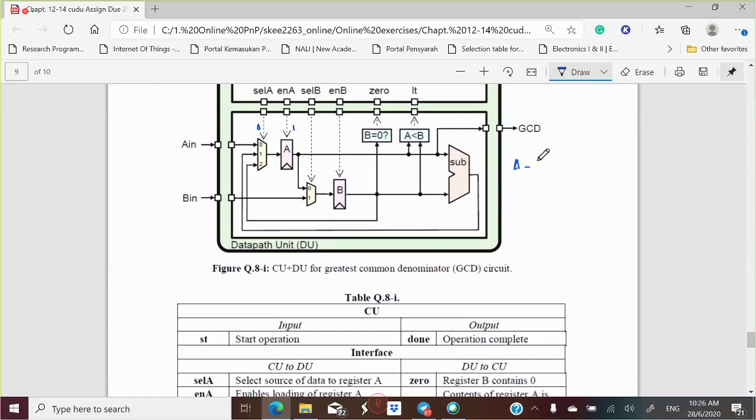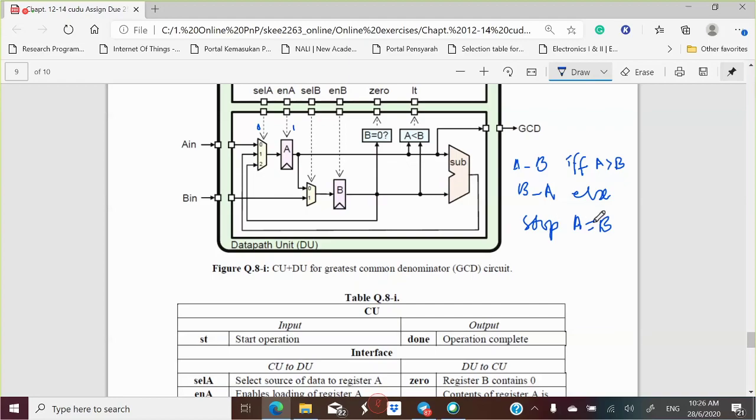But actually, you want to, if A is greater than B, do B minus A, otherwise. Or you stop when A equals B. Or in fact, in this case, when B is 0.